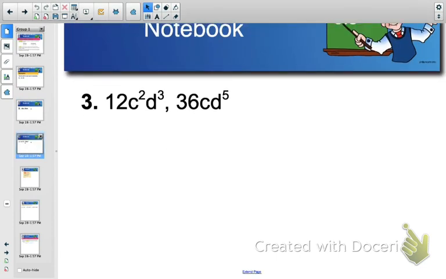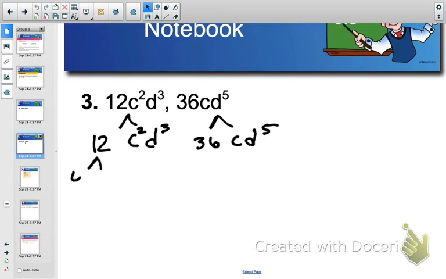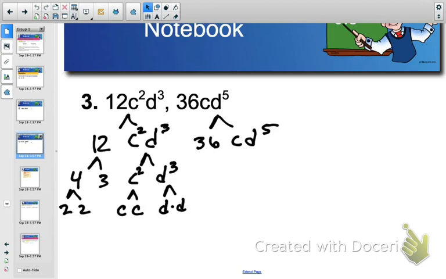Okay, another one. It's a little bit more complex. We have 12 c squared d to the third. I'm going to bring my number over here and variables over here: c squared, d to the third. On this one I have 36 c d to the fifth. 12 breaks down to 4 and 3. 4 is 2 and 2. c squared is c times c. d to the third is d times d times d.